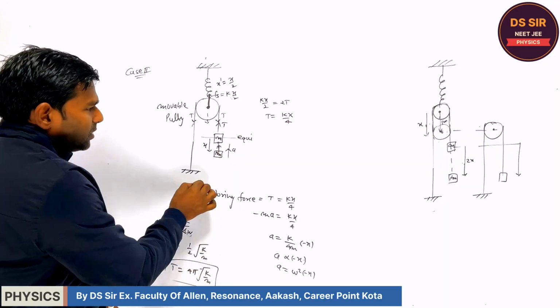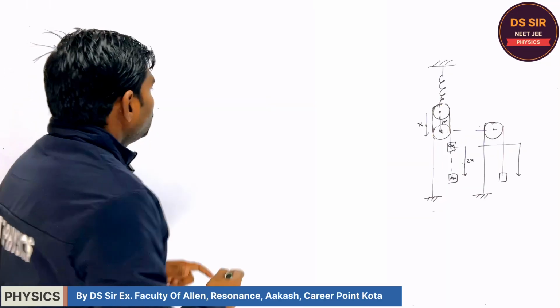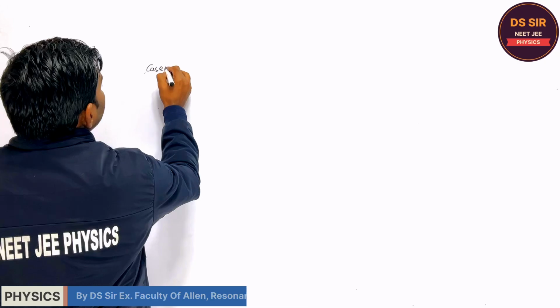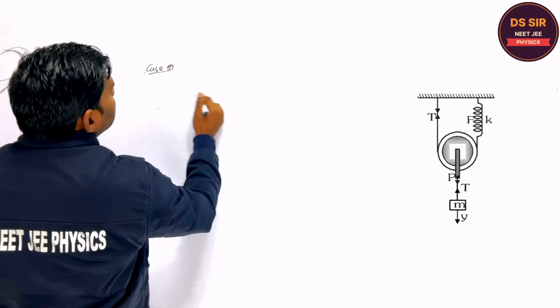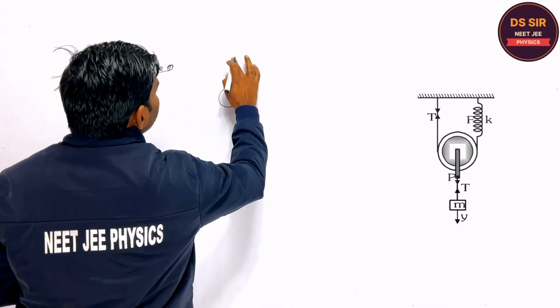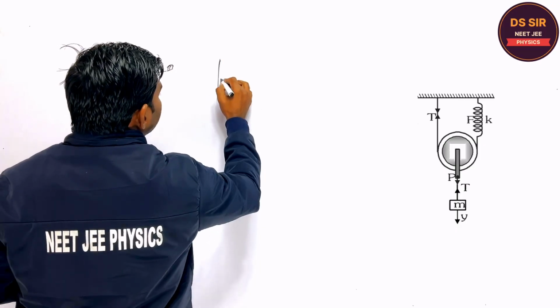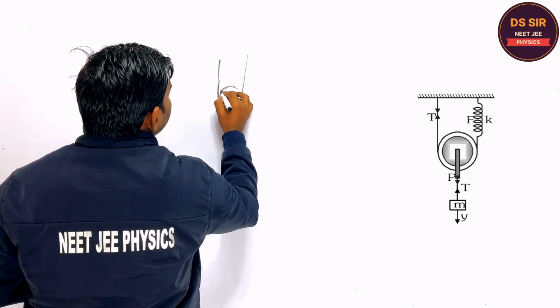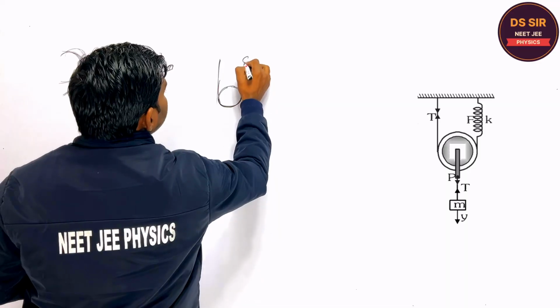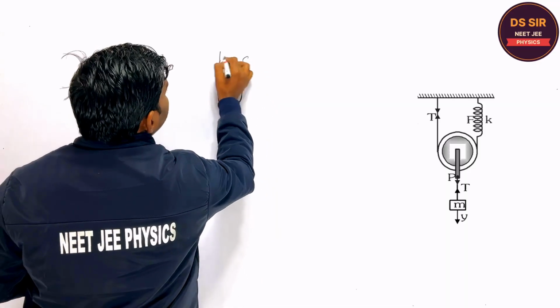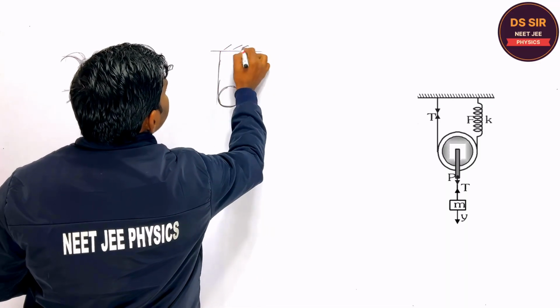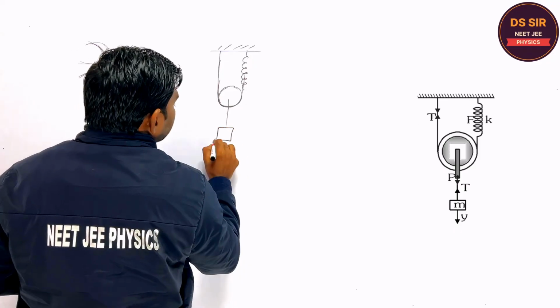All right, copy this. So in the third case, this is the movable pulley, and on one side there is a string and there is a spring. This side the spring is connected, like this, and the mass m is connected.